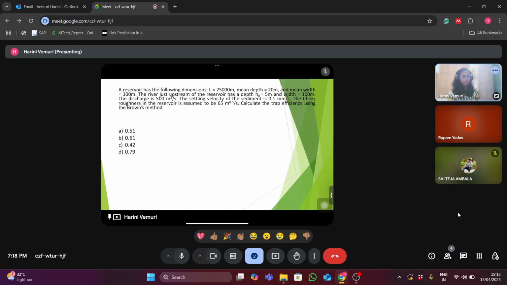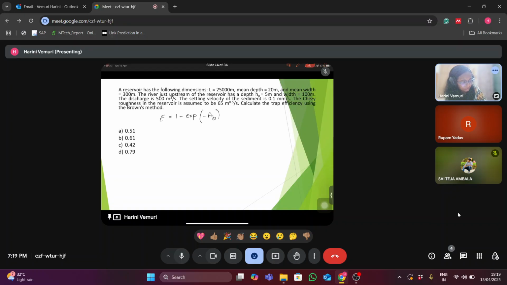Then the next question is also the same, but using Brown's formula, we have to estimate the trap efficiency. So in Brown's formula, the equation is E equal to 1 minus e power minus alpha into L by H into Ws by U. Okay.